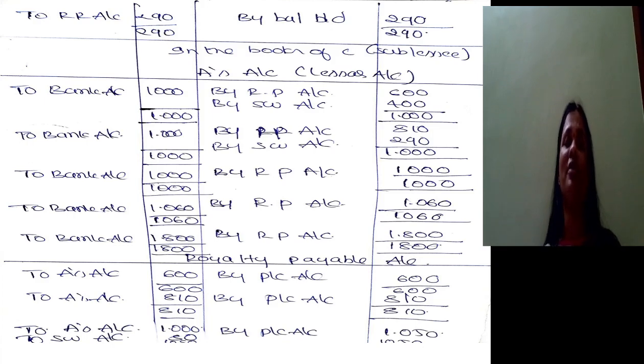And one more thing is, in case you are not in a position to understand the entries, you need to learn them by heart. There is no other way. And one more thing is, what entries we passed here, the same entries we passed in the main lease agreement. There were only two parties; here there are three parties. And there is no contact between the main lessor and the sublessee.